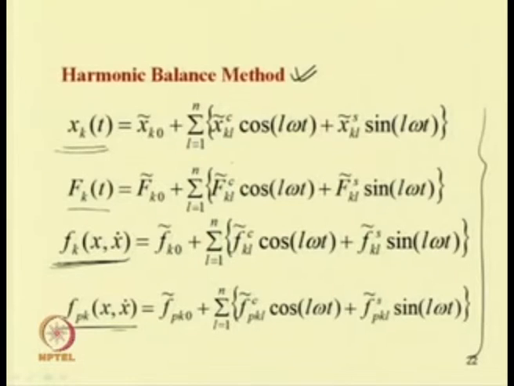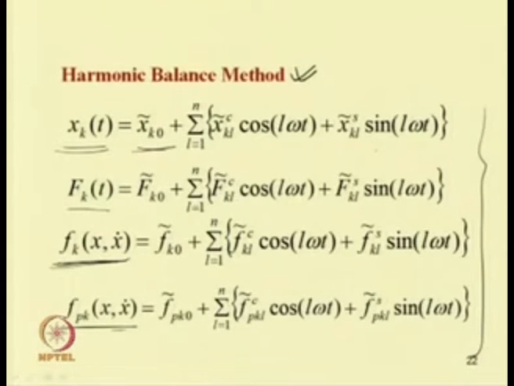Similarly, for higher modes it will be x k 2 cos 2 omega t plus x k 2 sin 2 omega t. In this way, we can write the terms up to a certain level of frequency. For example, we can take only 3 modes, so in that case L will be equal to 3.